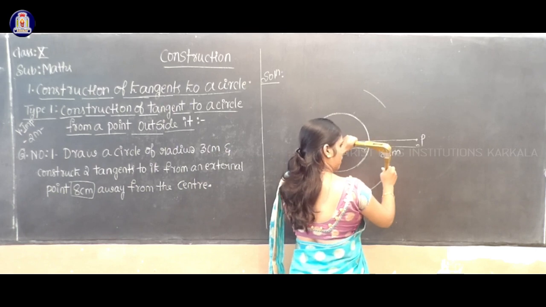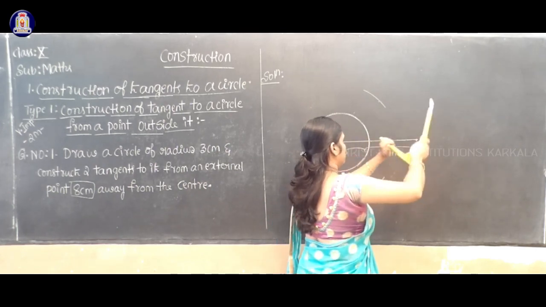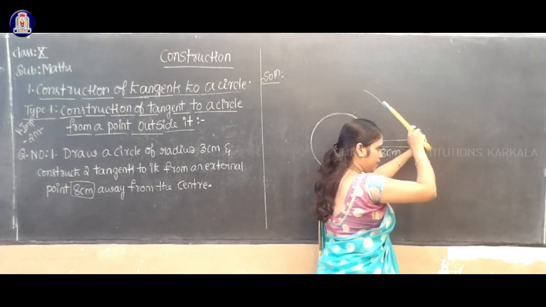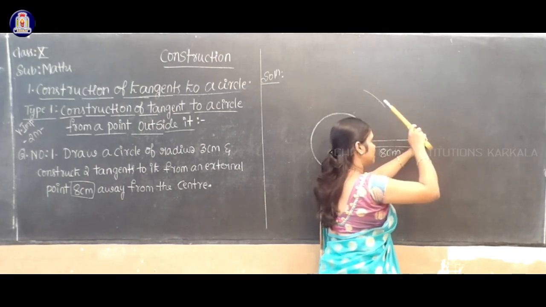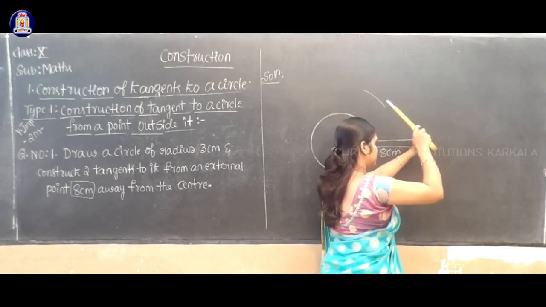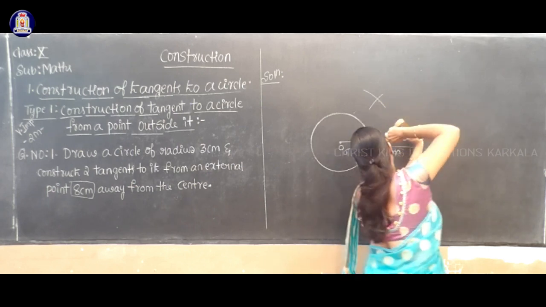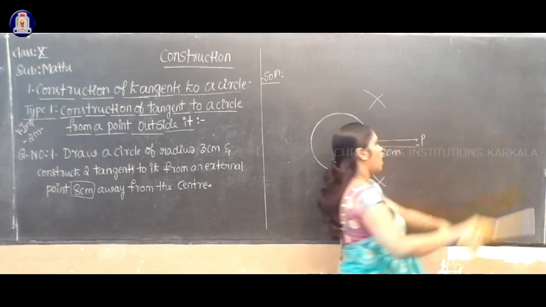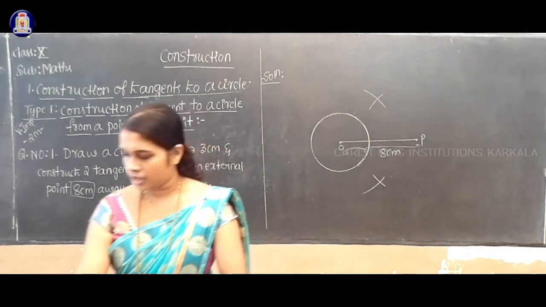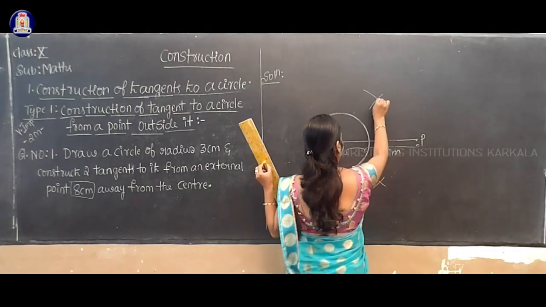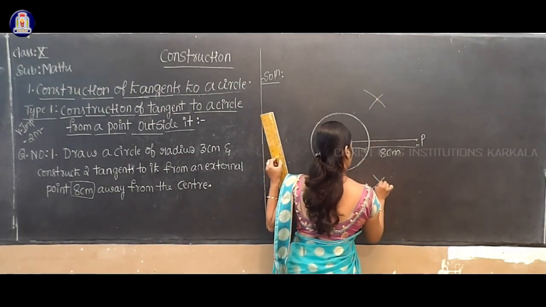Now change. Keep the leg of your compass at the point O. Don't change the distance; the distance will be the same. Now cut these two arcs. Now I will join these two points.